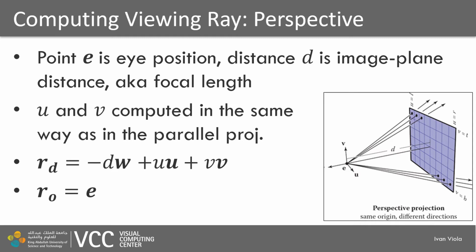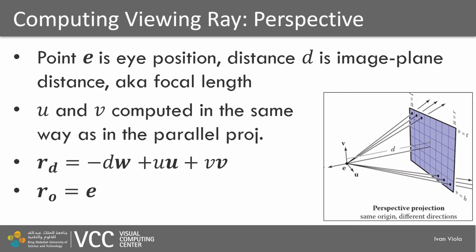And this distance d is also sometimes referred to as the focal length. Changing the distance d towards smaller, our rays will be more apart from each other, the variance of the rays will be higher, and if d is larger, then we will obtain more and more parallel-projection-looking projection.